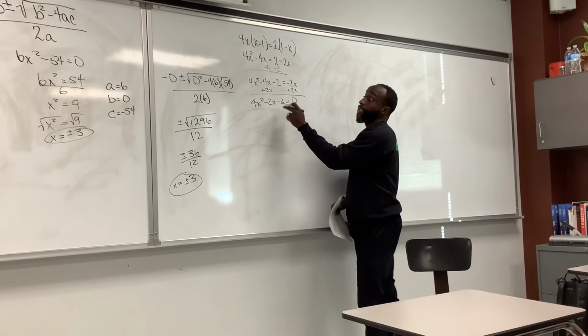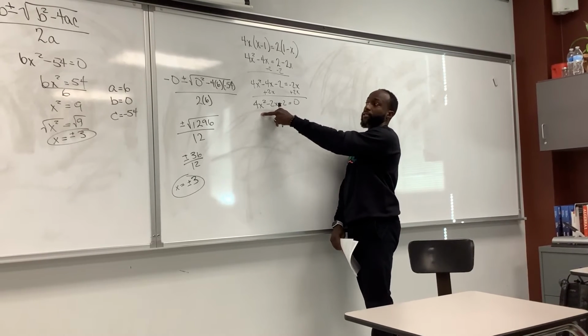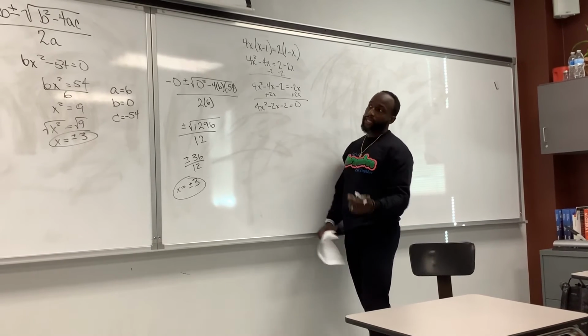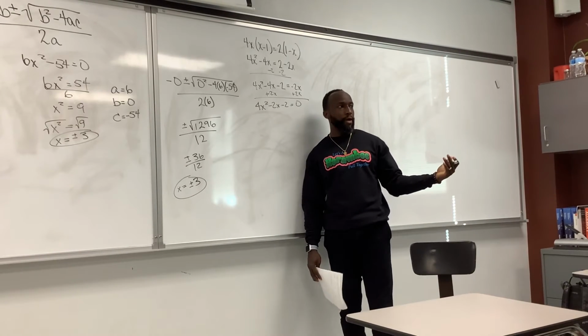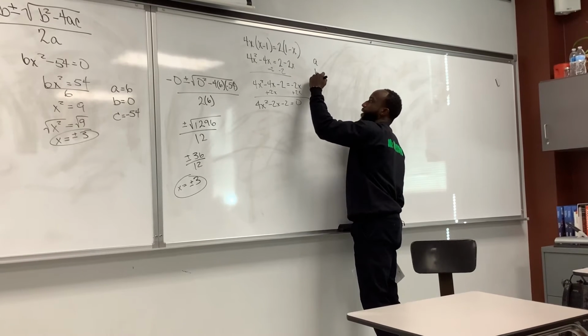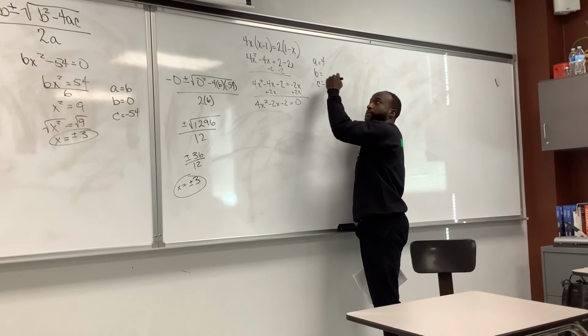Now, we could factor this, right? We could find the factors of negative 8 that add to give you negative 2. But because this lesson is about the quadratic formula, let's use the quadratic formula to solve it. So, A, B, and C, what are they? A is 4. B is negative 2.